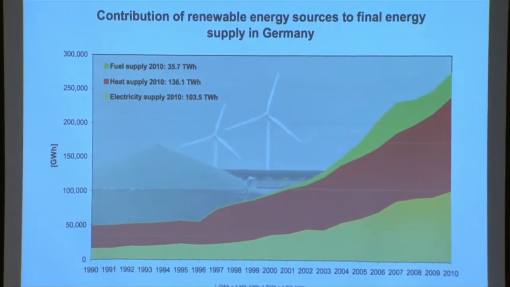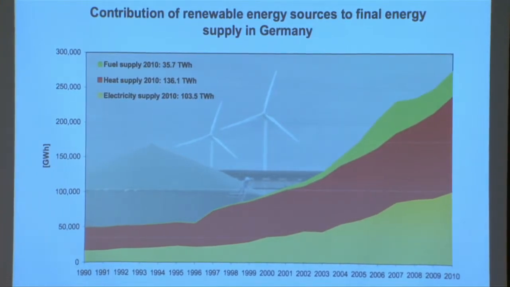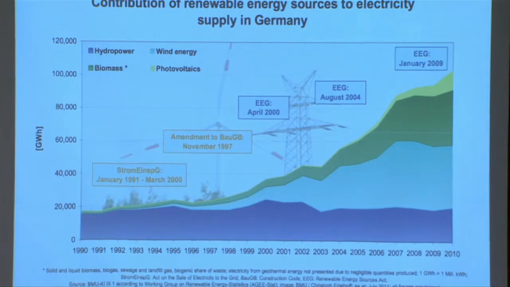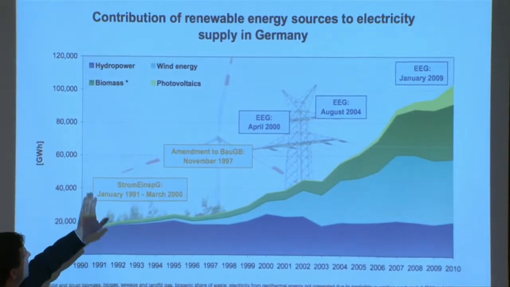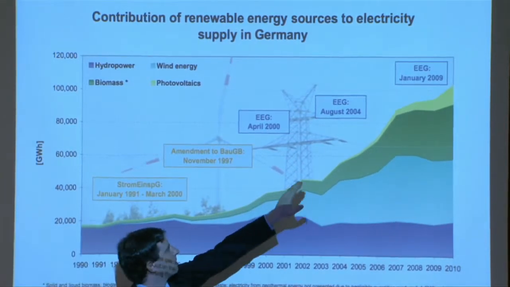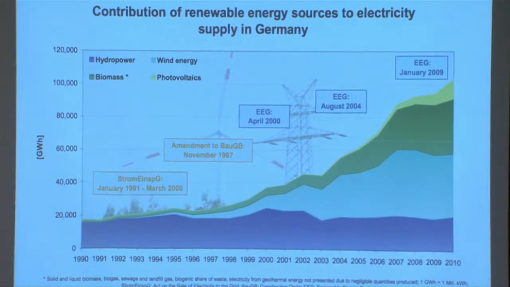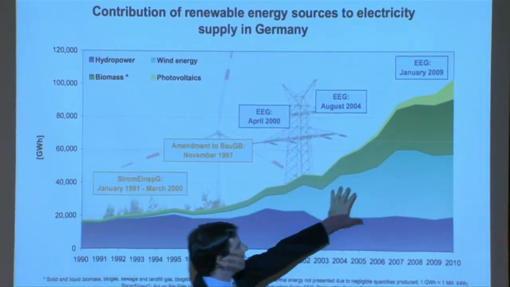And we're looking at something in the range of 103 terawatt hours over the course of a year in 2010. And out of those 103 terawatt hours, breaking it out into PV, biomass, hydro, and wind, you can see that PV accounted for a relatively small fraction of that total. The largest by far has been wind.